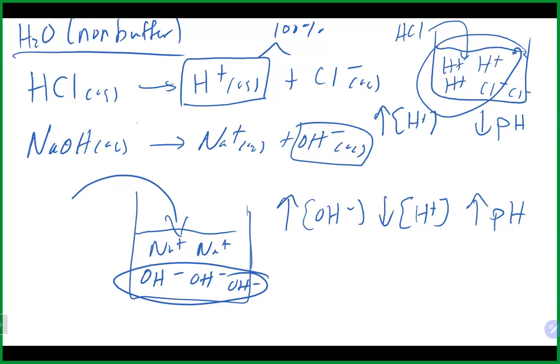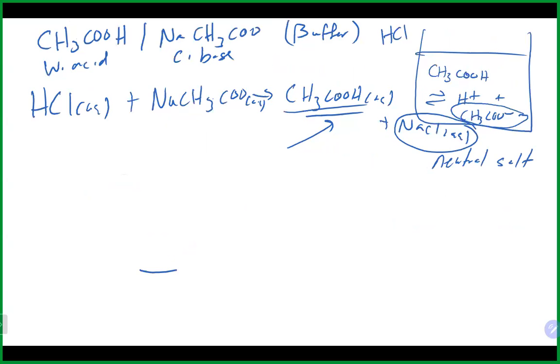When we added the HCl to water, we made a lot of H plus really quickly. In this case, we did not make any H plus. So what happens is no free H plus was made, which means the concentration of H plus stays relatively constant.